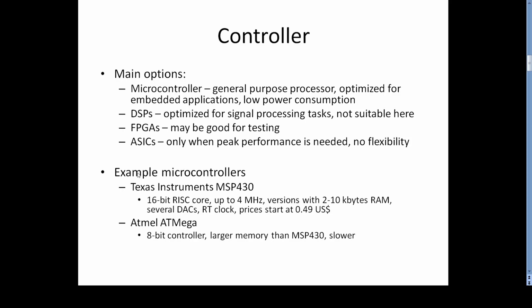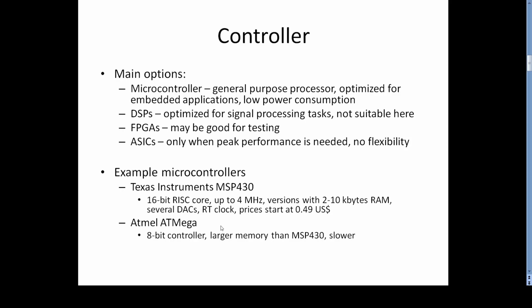So here we can see the examples: Texas Instruments MSP 430 and Atmel Atmega. The Texas Instruments MSP 430 uses a 16-bit RISC core up to 4 megahertz versions with 2 to 10 kilobytes of RAM and several DACs. An RT clock is there, and the price starts at 0.49 US dollars.